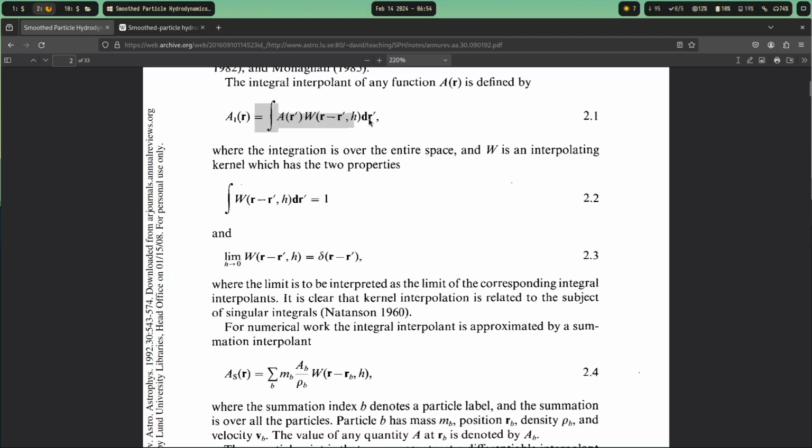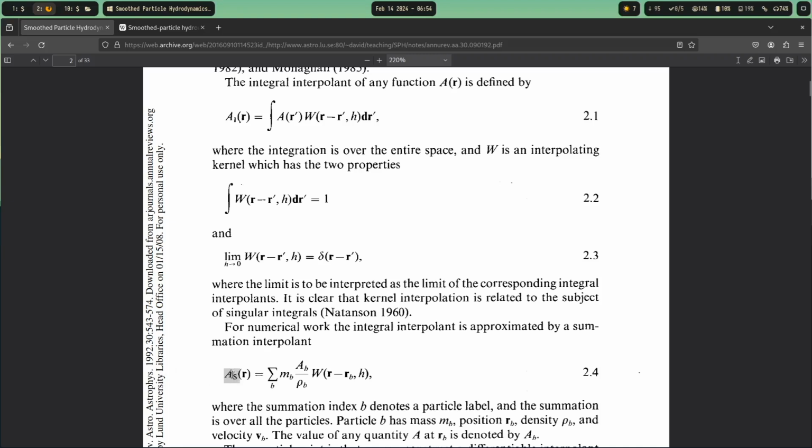We can't really use integrals and continuous things in our computers. We have to use sums, right? The discrete version. And this equation here tells us how to compute any property of our fluid or particle simulation thing.